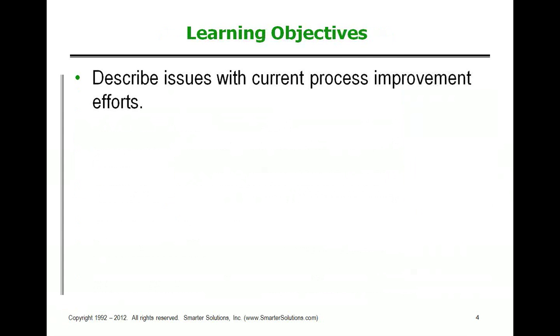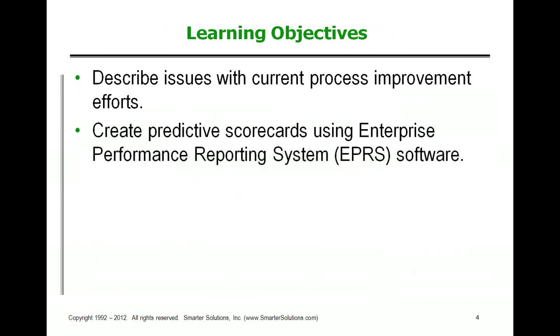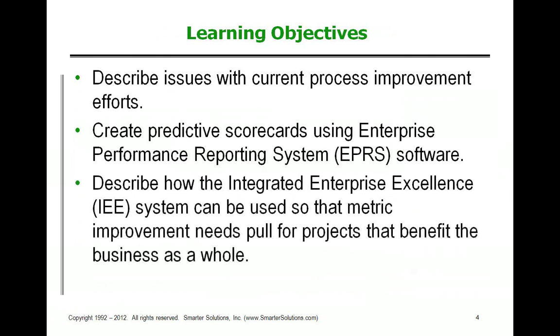We're going to talk about that briefly. Then I'll be talking about a predictive scorecard system using this software package, which we call EPRS, Enterprise Performance Reporting System. Then I'll describe how the use of this Enterprise Performance Reporting System within this overall IEE system can help create projects that help the big picture.